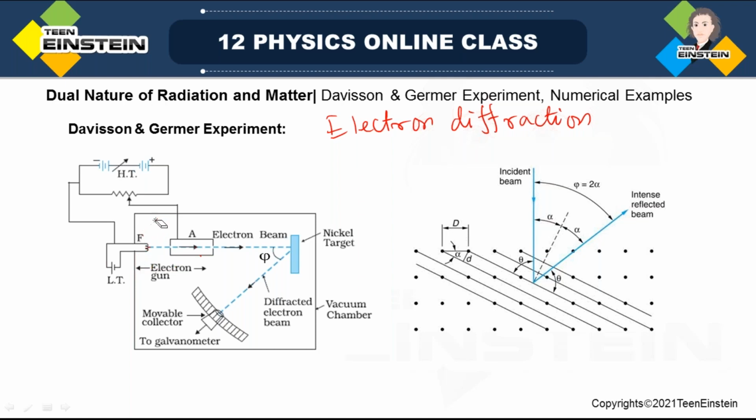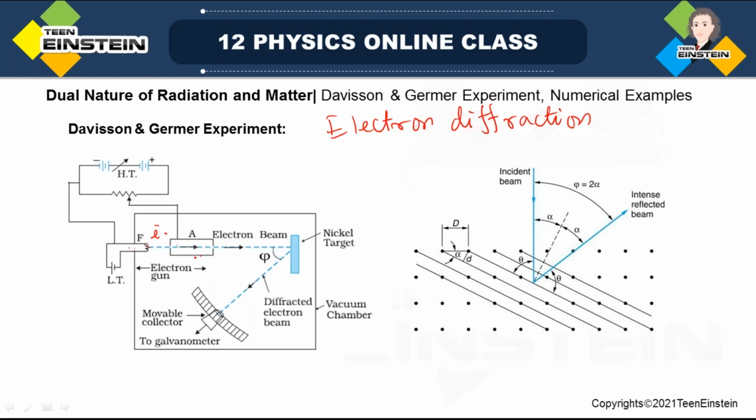So the filament acts as the cathode, which can emit electrons upon heating, and this tube is called the anode. Between them a suitable potential is applied such that electrons from here will be accelerated towards this side. A negative potential is given to the cathode, so electrons will be accelerated.